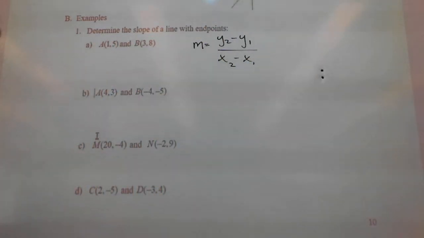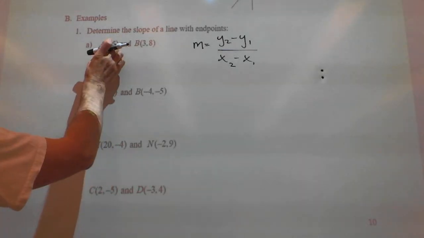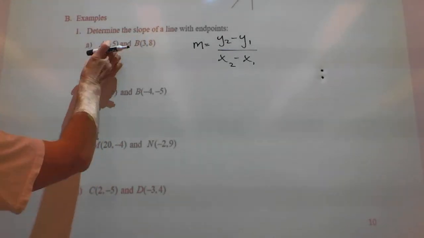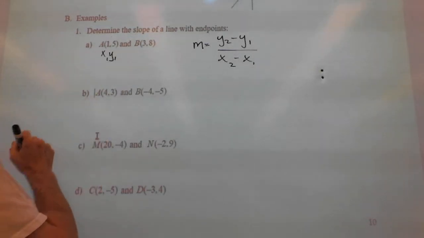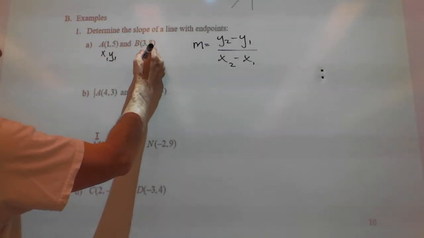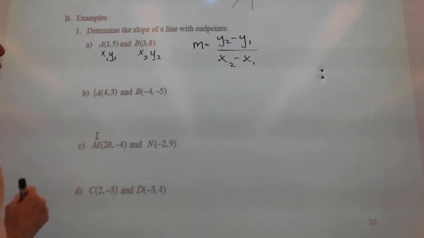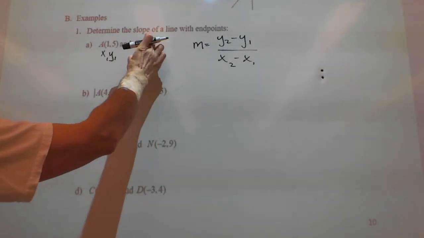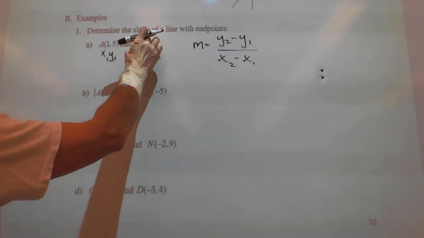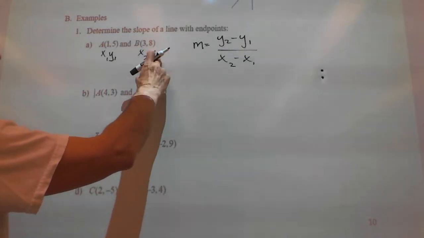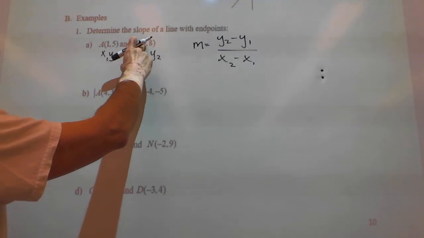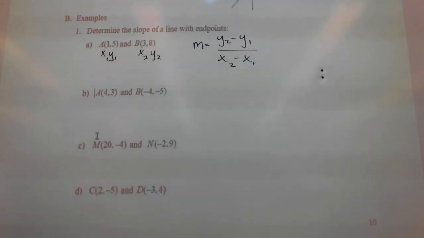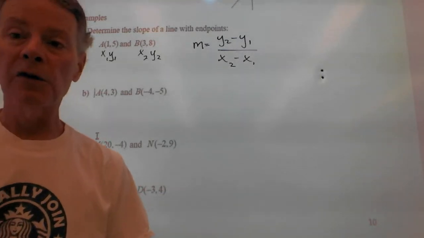It doesn't matter. You can just arbitrarily decide your first ordered pair is going to be your x1 and your y1, and your second ordered pair is going to be your x2 and your y2. Just make sure that the numbers in the ordered pair are both assigned the same subscript. So if you choose this as your x2, this one has to be your y2. After that, it's just a matter of subbing in numbers.